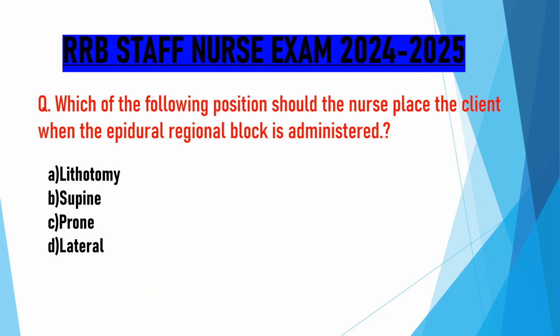Which of the following positions should the nurse place the client when the epidural regional block is administered? Options are lithotomy, supine, prone, lateral. So the answer is option D, lateral position.